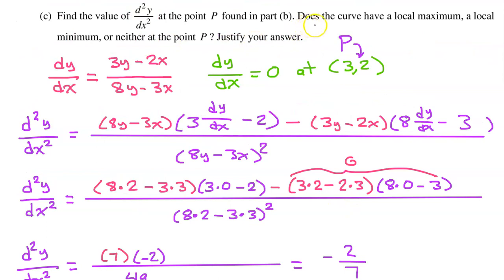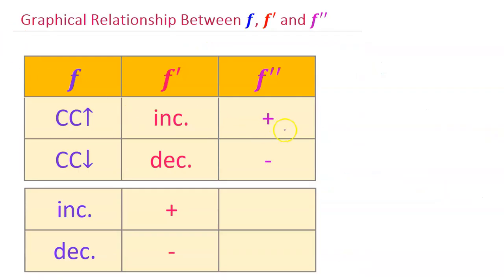Don't forget that we are also supposed to say if the curve has a local maximum, a local minimum, or neither at the point P. So remember, if the second derivative is positive, then the curve is concave up. If the second derivative is negative, then the curve is concave down. If the curve is concave up, a horizontal tangent line makes the point of tangency a local min.